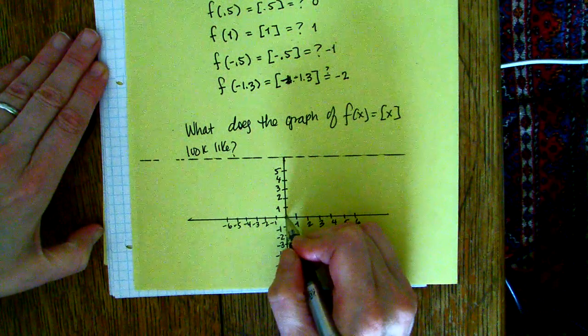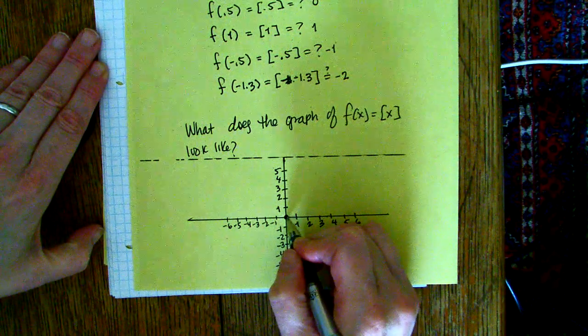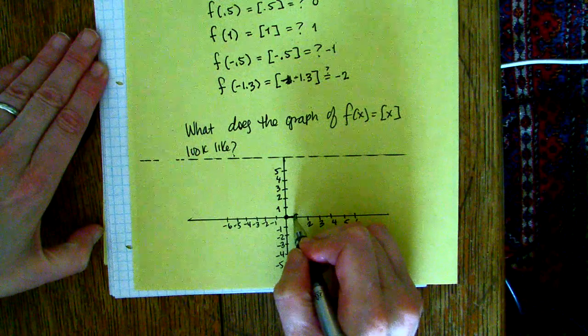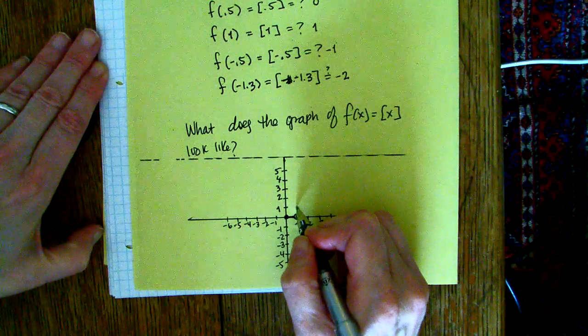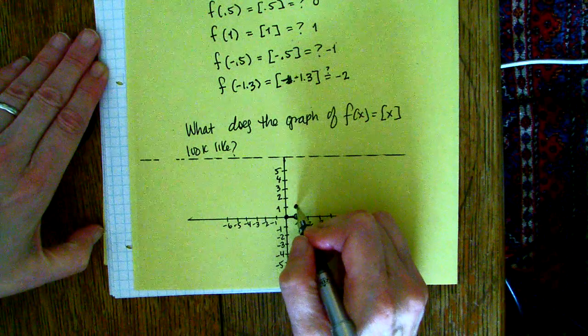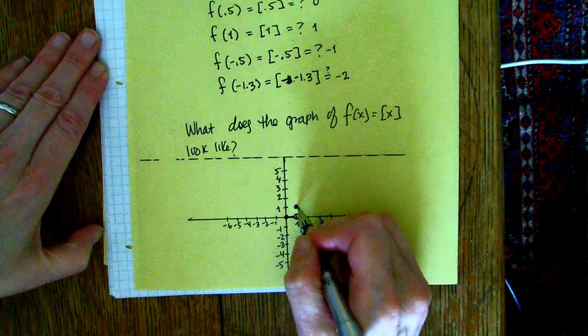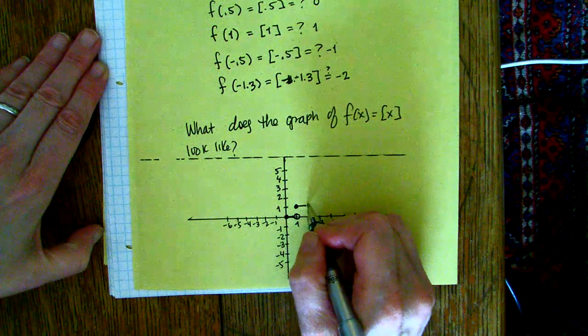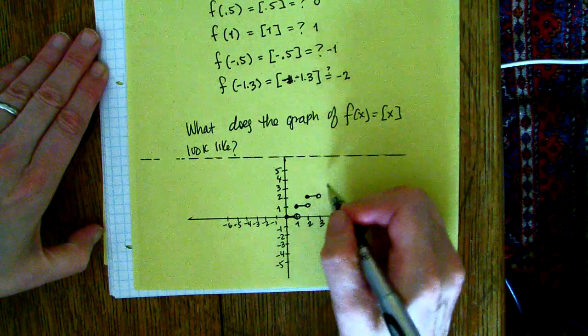So the greatest integer less than or equal to 0 is 0. And then everything up until 1 is going to be 0. But I'm going to have a hole right here. And as soon as x equals 1, then the greatest integer less than or equal to 1 is 1. And all of the values for x between 1 and 2 will equal 1. And then as soon as I get up to 2, it bounces up here to 2. And so it kind of looks like stairs.